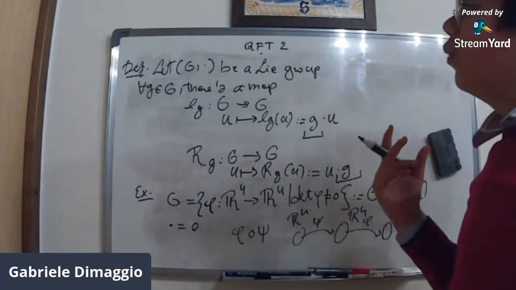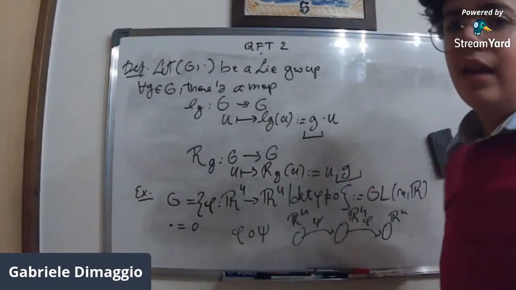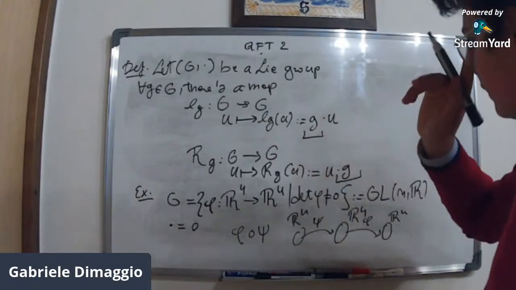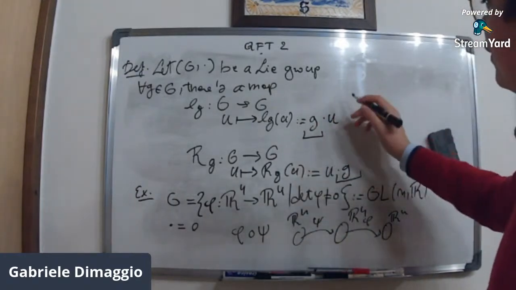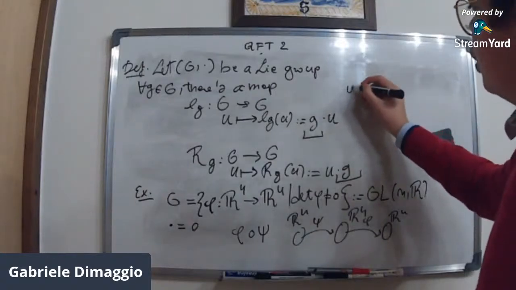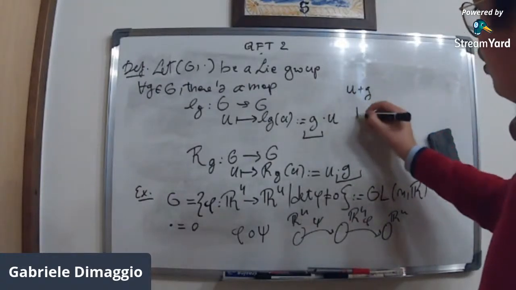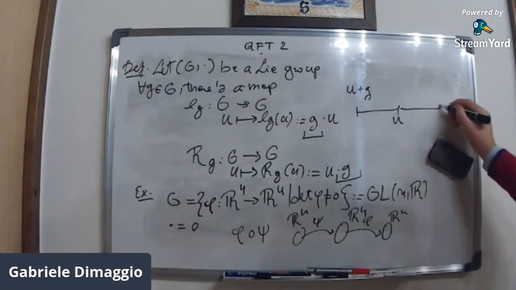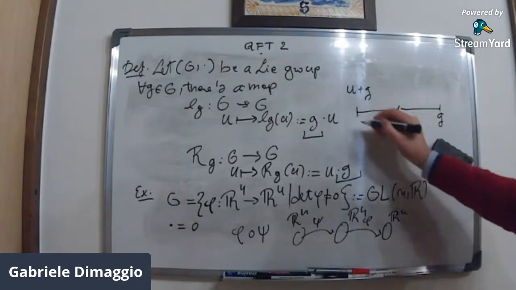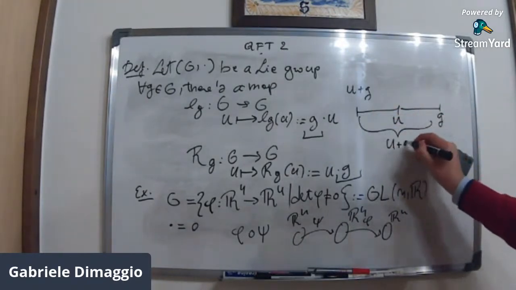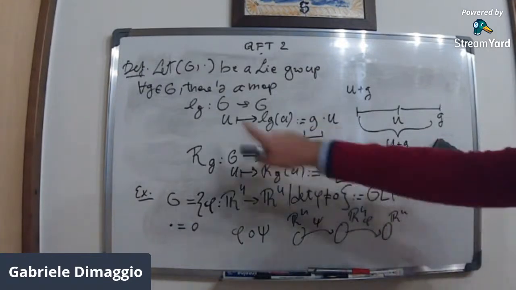I don't know which kind of operation, but if, for example, I assume U plus G, and so if U is here, I can sum with G, and this is U plus G, and so this is the left translation.